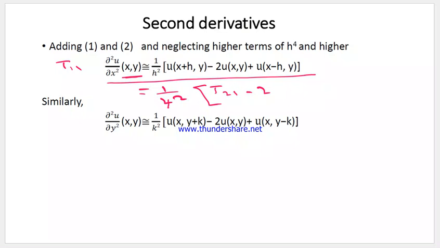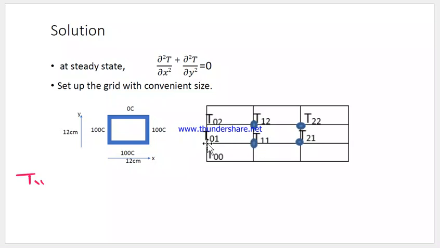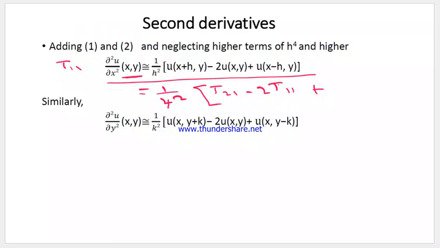What is uxy? That is where we are standing now, which is T11, plus u at x minus h. Let's look at what is at x minus h. This is at T01 here, and remember, everything at this boundary is at 100. So that means this will be plus 100 at that point.